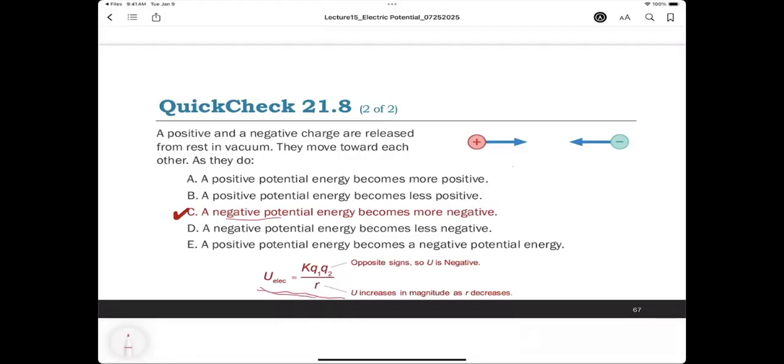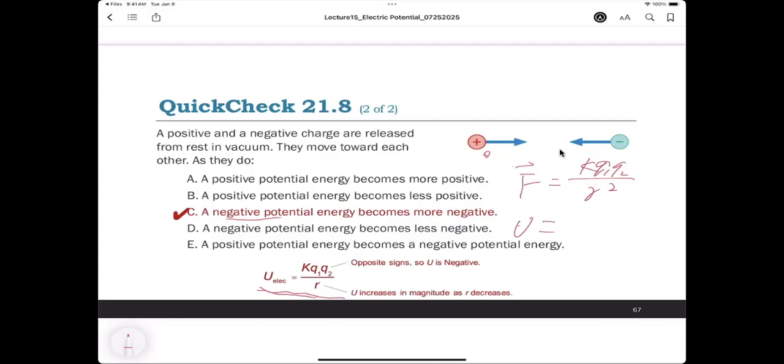We know the force from one charge to the other is equal to k q1 q2 over r squared. The electrical potential energy U is defined as the work needed to bring one charge from infinity to a distance r from the other charge.